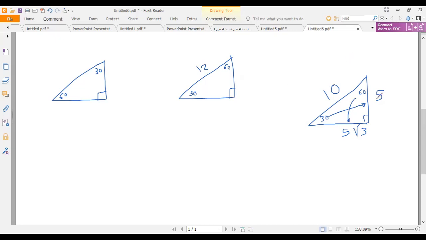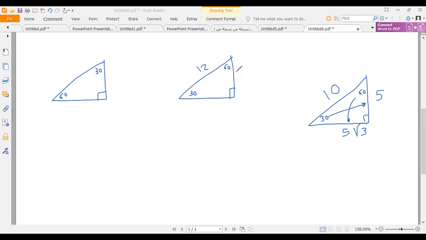So you can always apply the same process here. Do you understand? Okay, now let us see here.